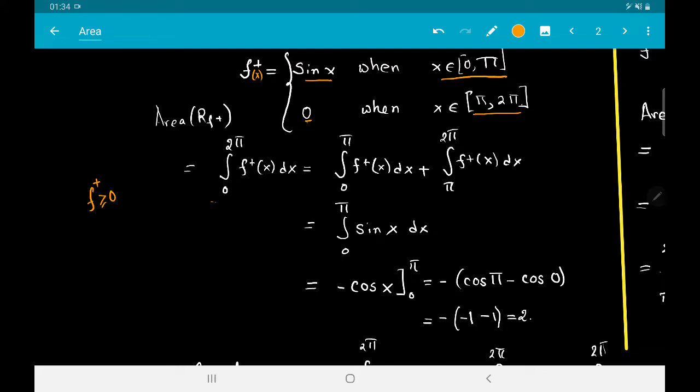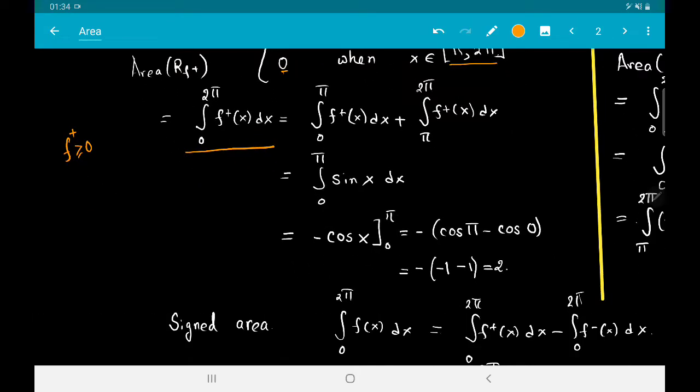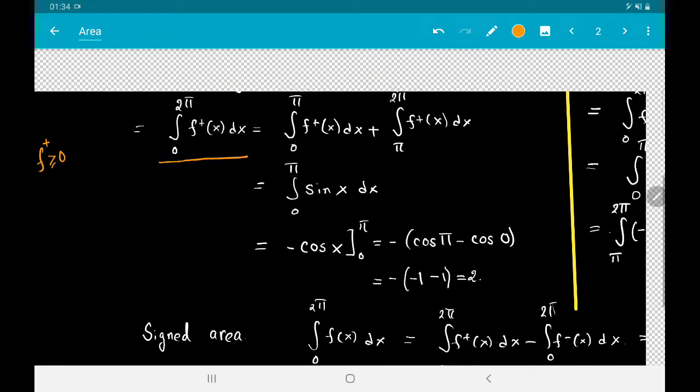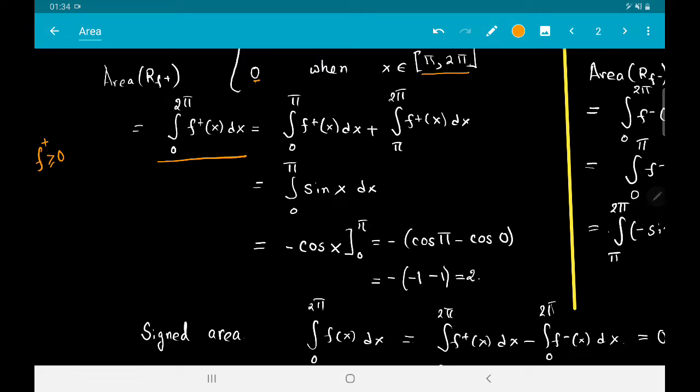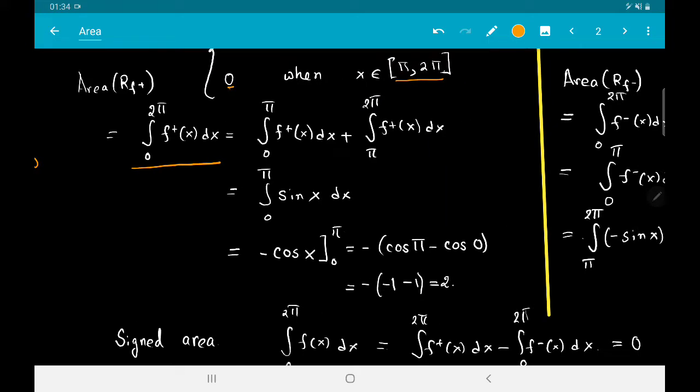This is simply the integral of f plus of x, and the integral runs from 0 to 2 pi. We make use of the additivity of domains for Riemann integration.